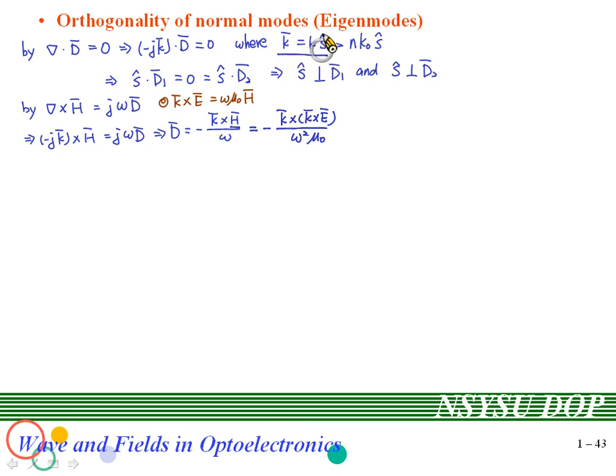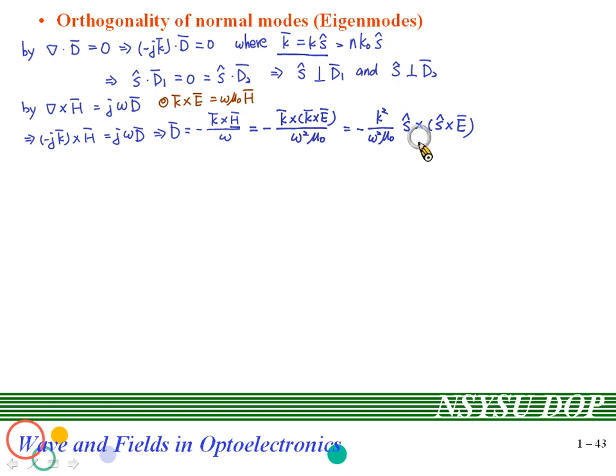So we take this expression back into this operation. Then you will have minus k square over omega square mu 0 times s hat cross s hat cross E. Okay?